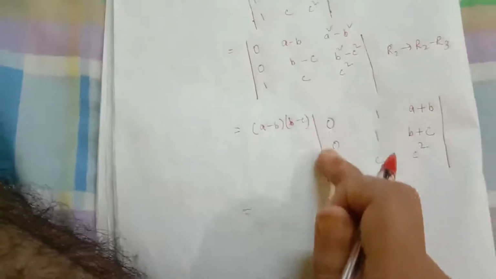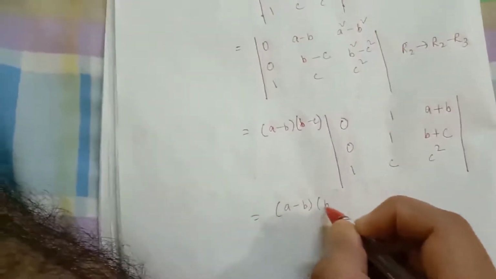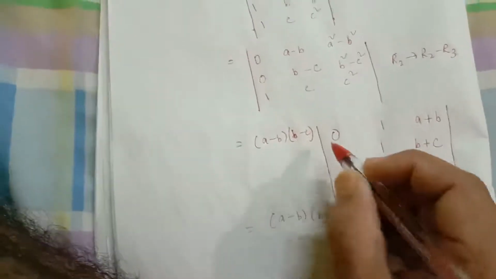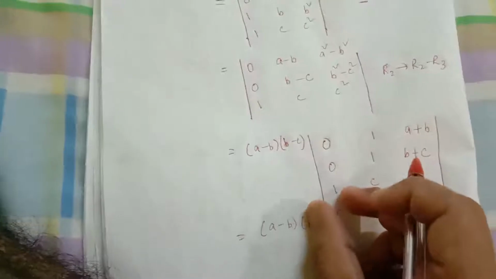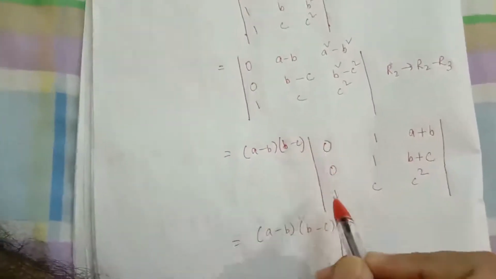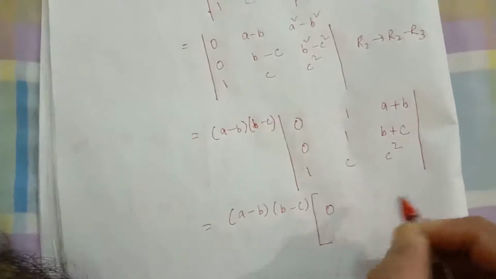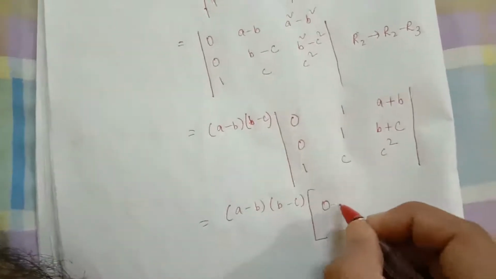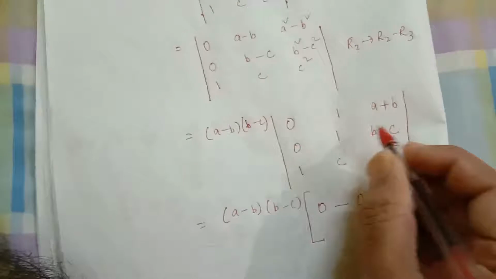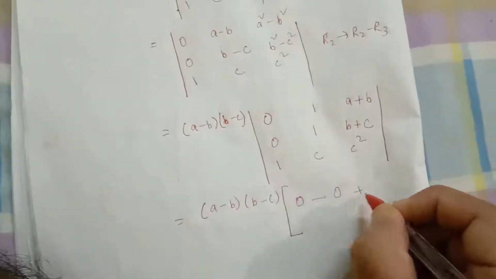Now you can see there are two zeros in the first column. So let us expand this determinant along the first column. If we expand along the first column, the signs will be plus, minus and plus. As this element is 0, 0 into anything will be 0, minus of 0 into anything again will be 0, plus 1 into.